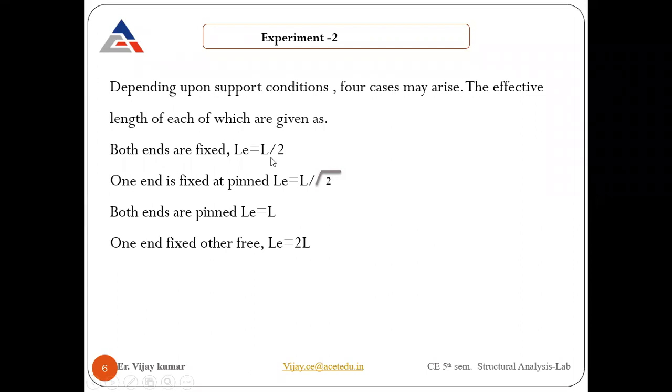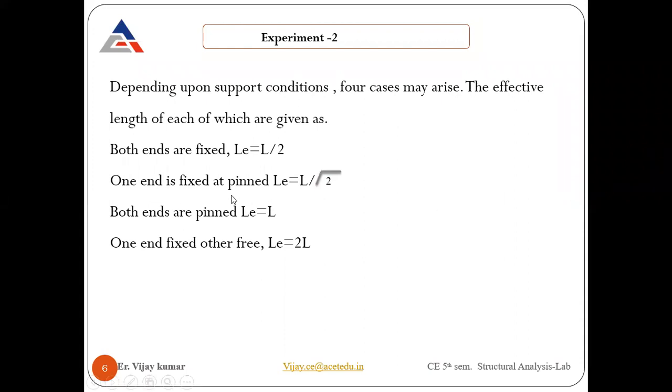Effective length is the point in between where the curvature of the deflected shape is going to be generated. So L by 2 means we have to measure the original length first. If it is 3, then divided by 2, it comes out to be 1.5 only. That's how you can calculate.